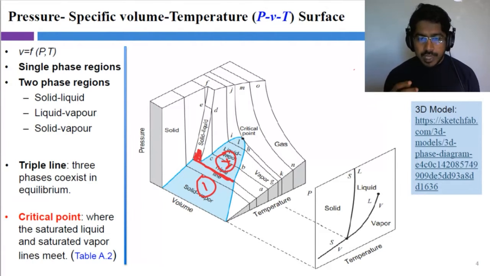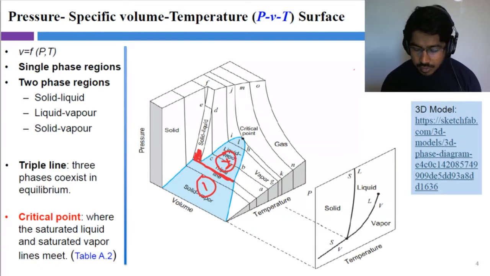To give you an idea what this means, if you see ice, water, and water vapor at a given point, that state will be on the triple line.